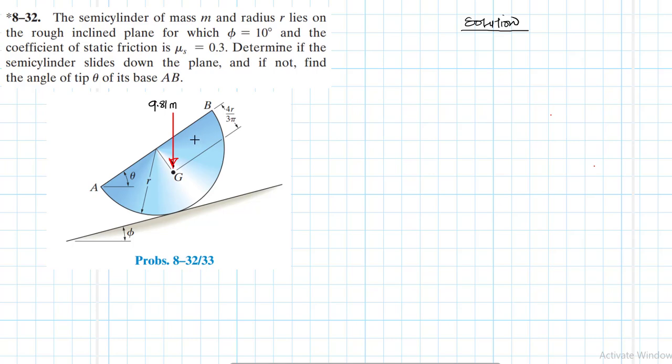What else do we have? Of course, this is a rough surface. So imagine we've removed the surface. We just want to indicate the reaction forces on the semi-cylinder at the point where it is in contact with the inclined rough plane.